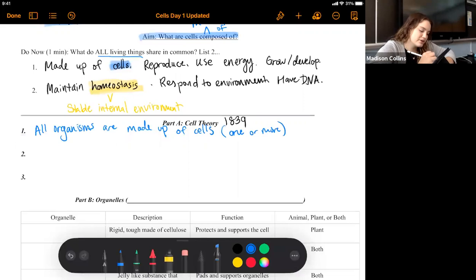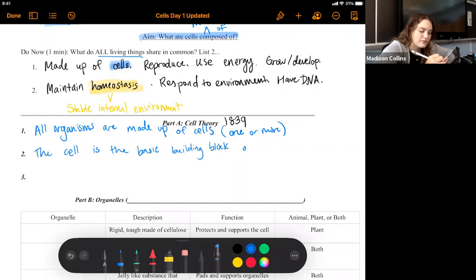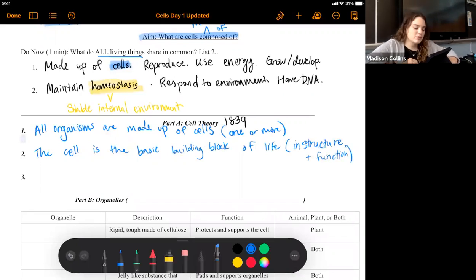The cell theory also says that the cell is the basic building block of life. And when we say it's the building block of life, we mean this in structure and in function. I will elaborate on that more in the upcoming days, but we need to know that the cell is the basic building block of life.